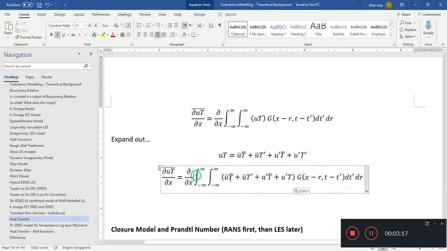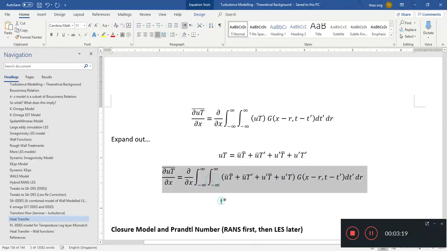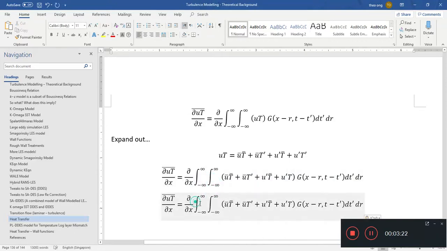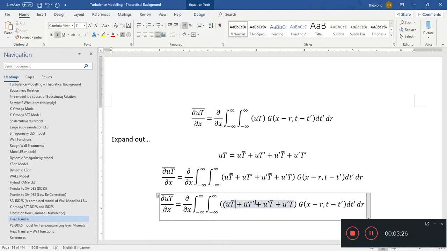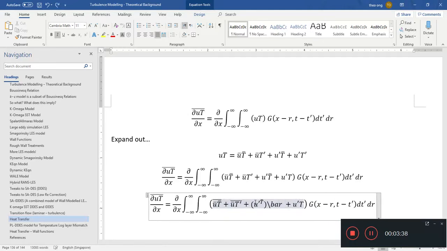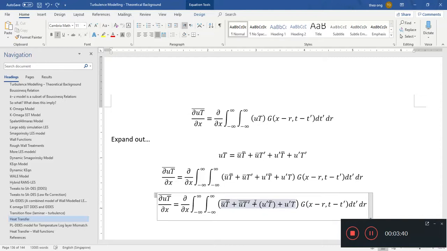So we will need to work out a few more terms. We need to filter the first term, so we have a double bar over it. Second term, double bar over it. Third term.